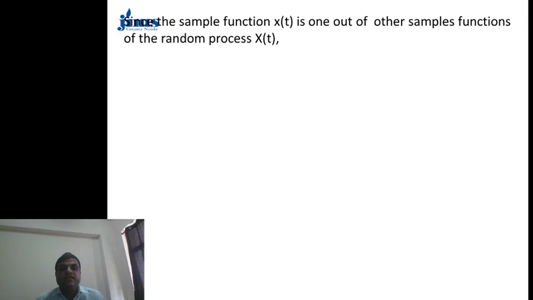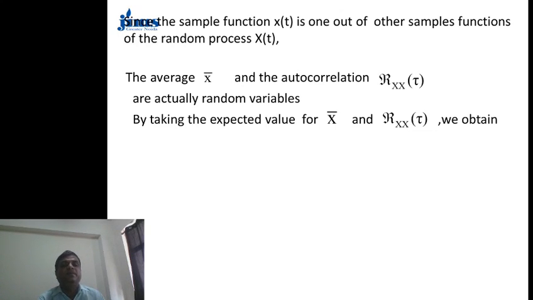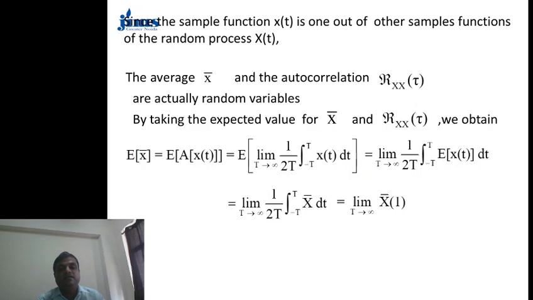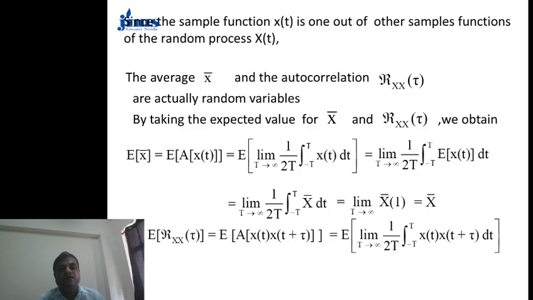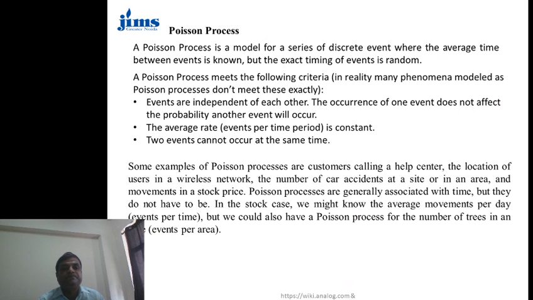Since the sample function x(t) is one out of many sample functions of the random process X(t), the average and autocorrelation are actually random variables. By taking the expected value of the average and Rxx, we obtain this. These are the formulas used to calculate the autocorrelation function.